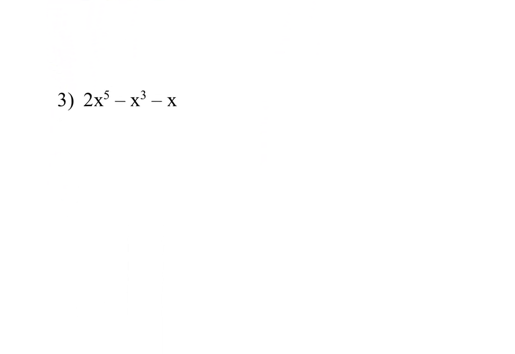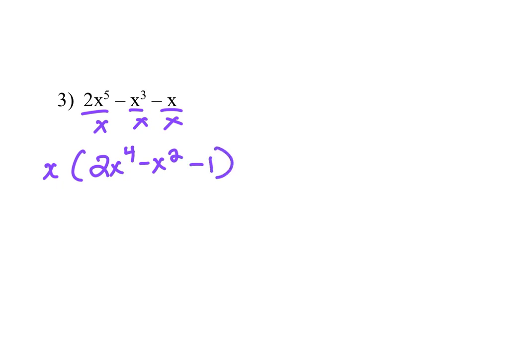All right, we're checking for GCF here first, as per the usual. X is in all of them, so I'm going to factor out an x first. So factor out an x, I'm left with 2x to the 4th minus x squared minus 1. Remember, x divided by x is 1, so that's why that's there. 2 sets of parentheses, 2 things that multiply to 2x to the 4th.